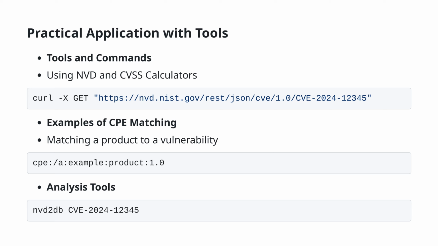Running this tool with a CVE identifier such as nvd2db CVE-2024-12345 allows for an in-depth examination of the vulnerability data and helps streamline the vulnerability management process. These tools aid in the automation of vulnerability assessment and management, ensuring your systems are better protected and compliant.